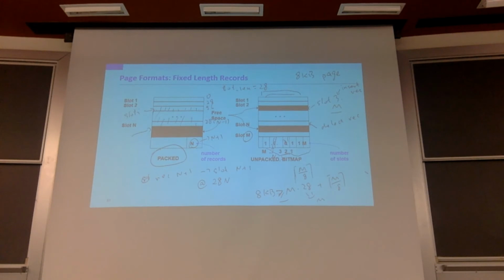So we talked about the fixed length. The other thing to think about is, what if you have variable length records? Just in case, yeah. Sorry, why is this an inequality? Oh, so this can happen. Suppose your page can fit a bunch of records, and you have a bit array here, right?